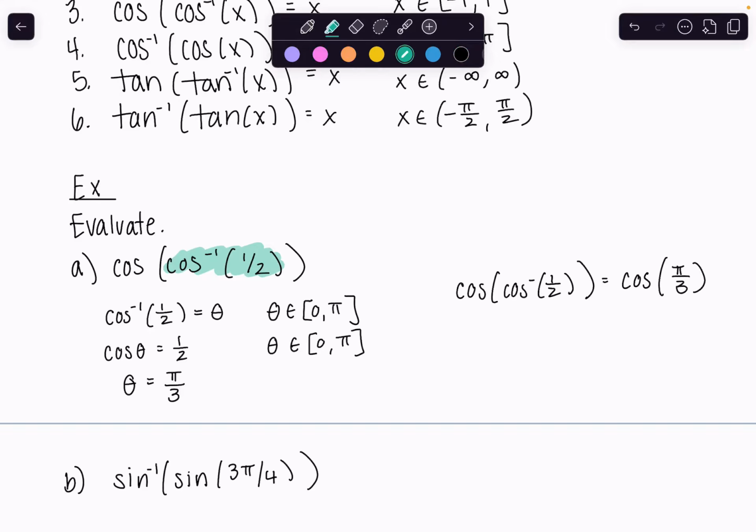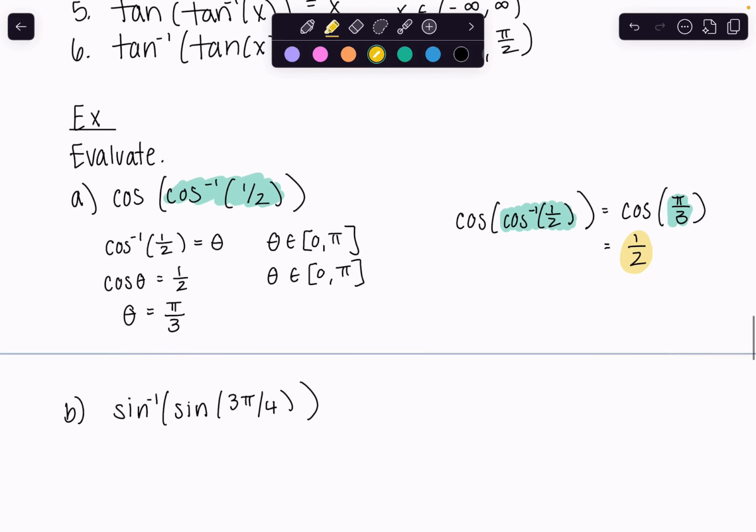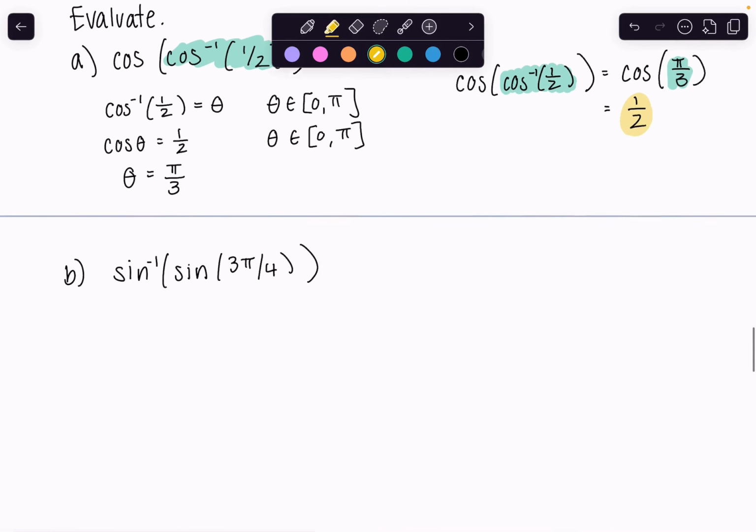Okay. So cosine inverse of 1/2, forgot my -1, is exactly pi over 3. And now I just need to evaluate cosine of pi over 3, and that is 1/2. So the end result of this is 1/2. Those two did end up just canceling each other out, okay? But again, only works in special cases, which is why I'm going to tell you take it piece by piece. This next one is a prime example of that.